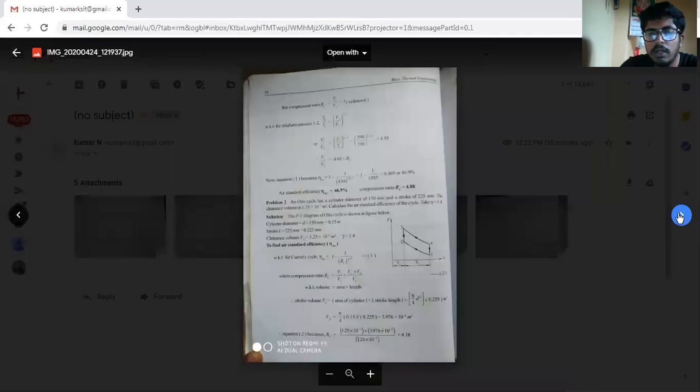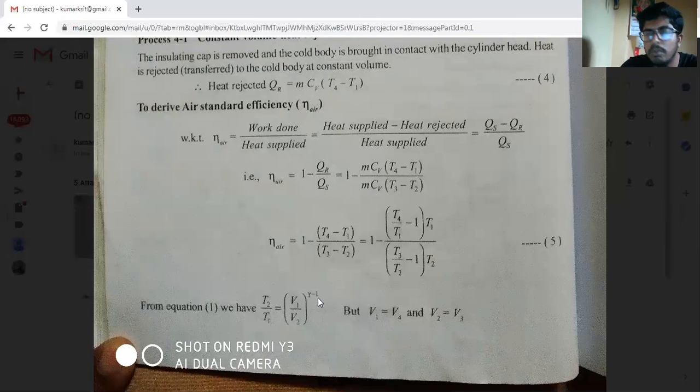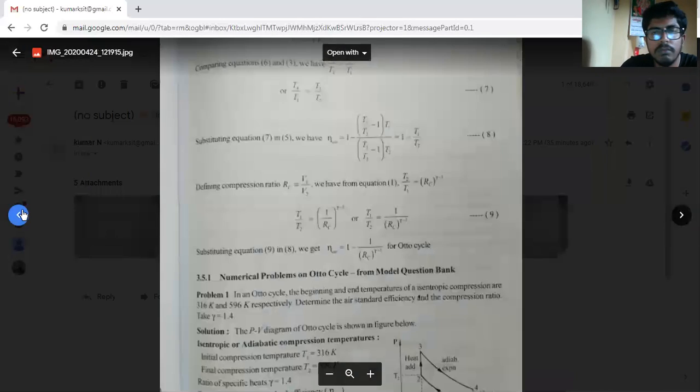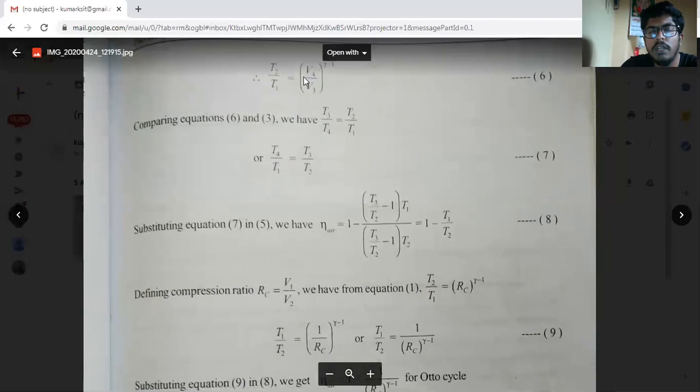So T2 by T1 equals (V4 by V3) whole power gamma minus 1. Take it as equation number 6.